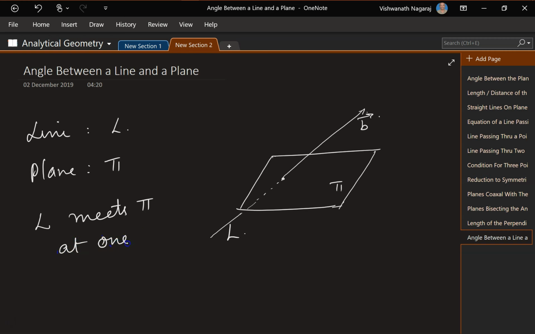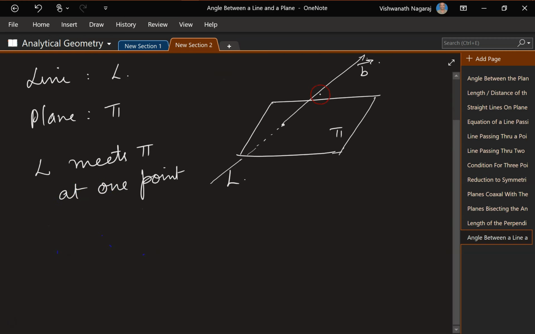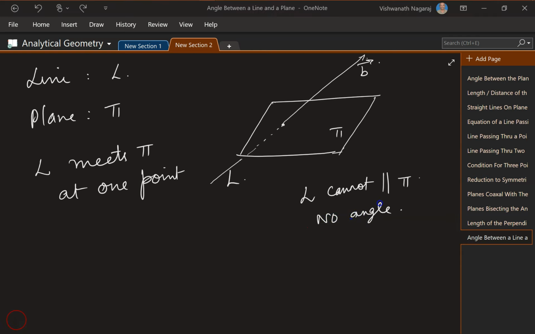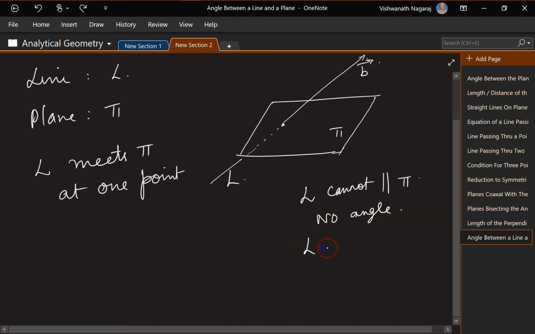at one point. Remember, the line cannot be parallel to pi. Why? Because then there is no angle, unless of course L lies on the plane, in which case the angle would be 0.